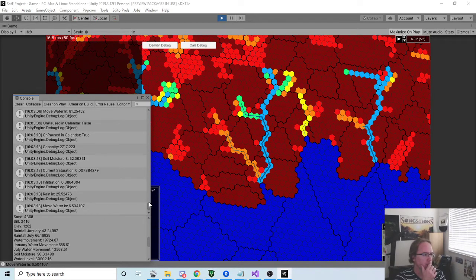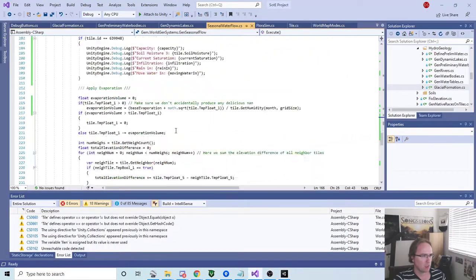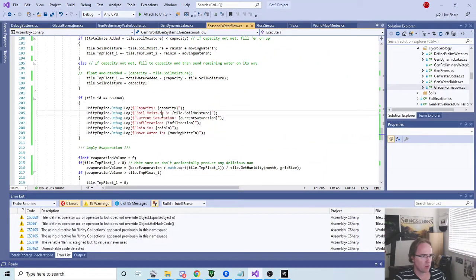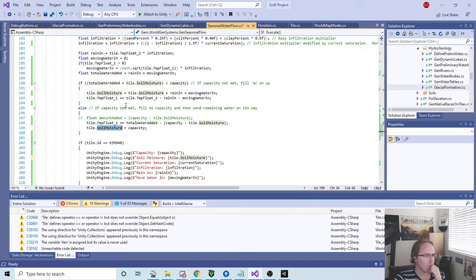Soil moisture is still garbage. I don't understand. Hold on. Am I logging this out inappropriately? Soil moisture, no. Soil moisture equals rain in, moving water in.